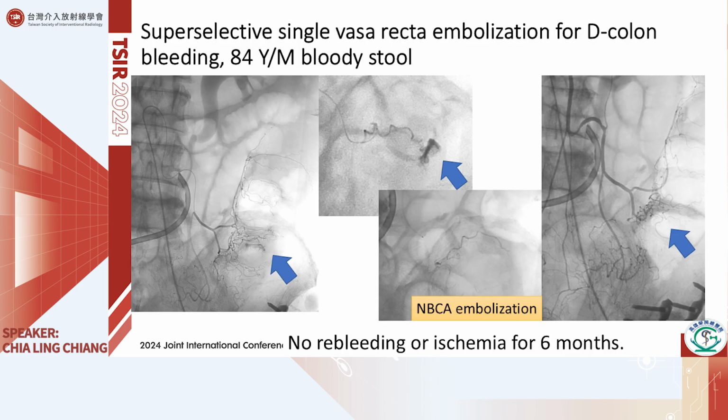When we do a lower GI bleeding TAE, we need to be very super selective to identify the active extravasation point, identify the active bleeder. We need to insert our microcatheter all the way from the SMA orifice, or from the IMA orifice, to the vasa recta, and confirm the bleeder, and slowly, gently, and carefully inject NBCA glue, to prevent overflow and non-target embolization.